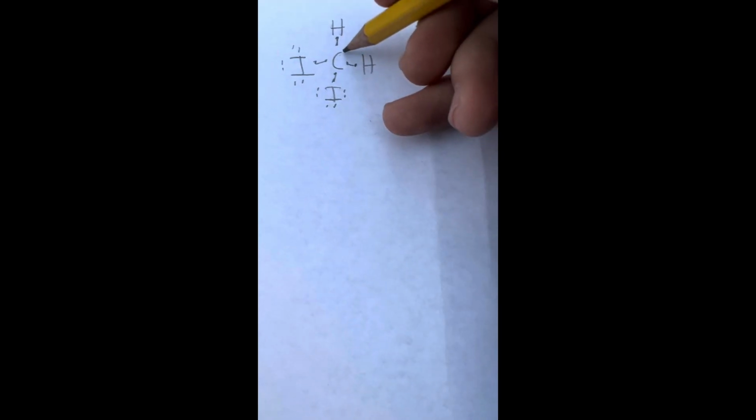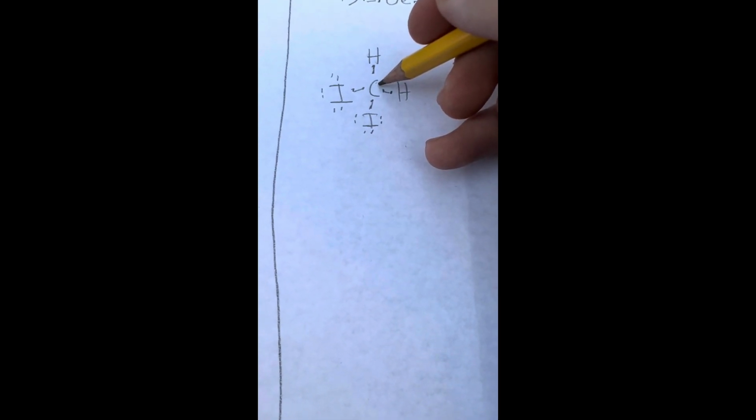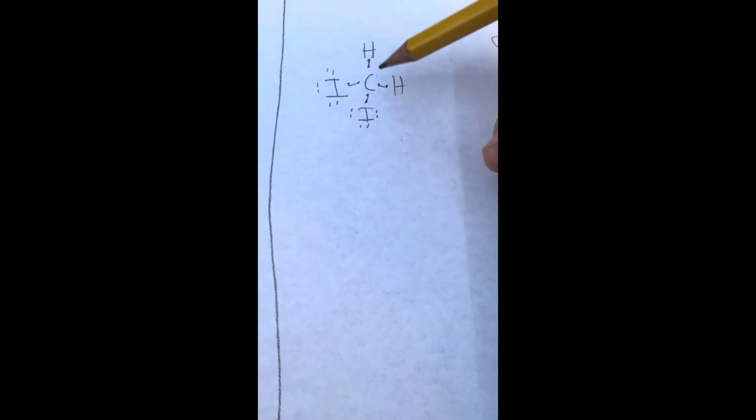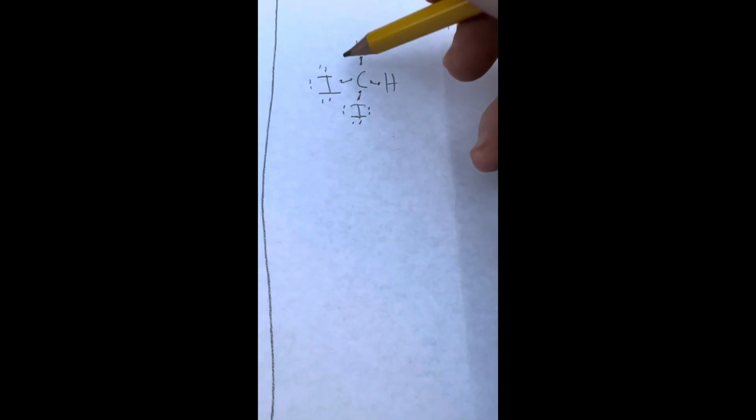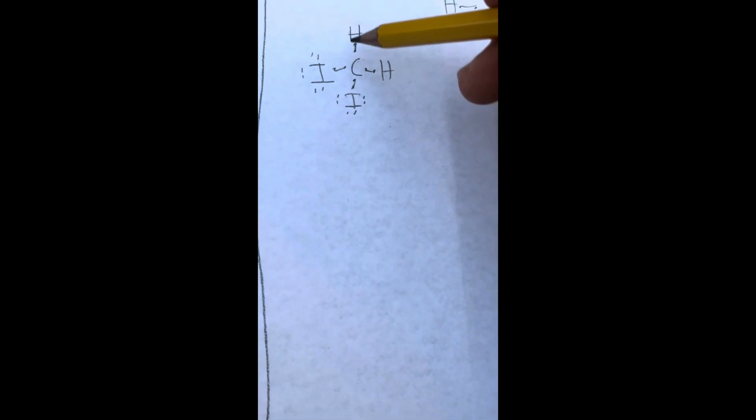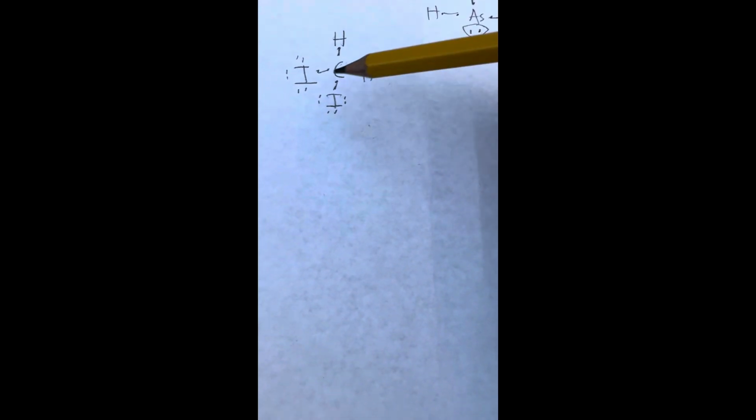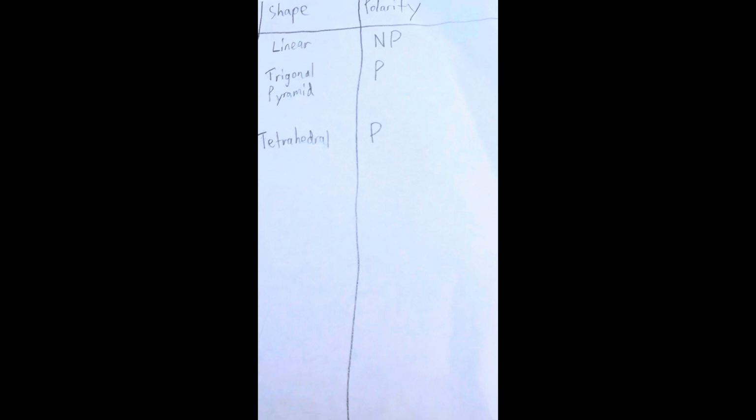However, I don't know. There's uneven poles from these two as there is to these two. So I'm going to say this is polar because they have 2 different poles on the carbon. If you're thinking of it as a tug of war, then it's not even. So polar.